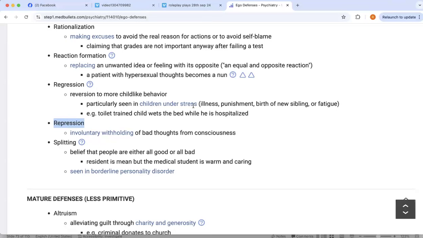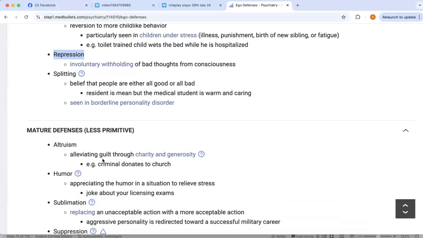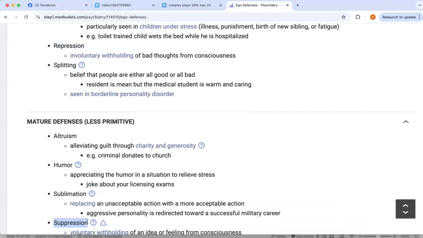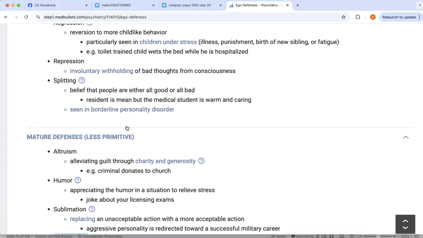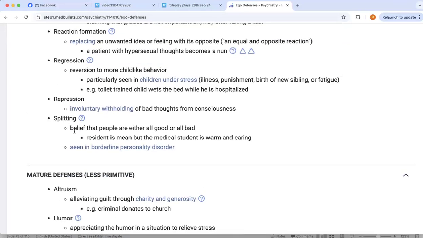So that is called involuntary withholding of bad thoughts from consciousness. The human brain sometimes blocks certain experiences just to protect that person. That is called repression. If someone voluntarily withholds some bad thoughts, that's what we call suppression. So suppression is voluntary withholding of bad thoughts or experiences, and when it is involuntary, that's repression.